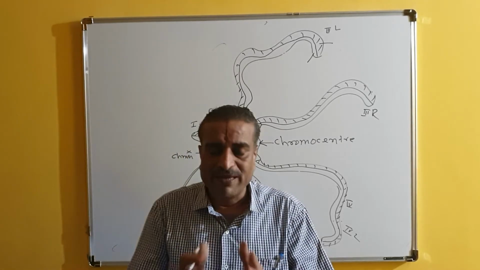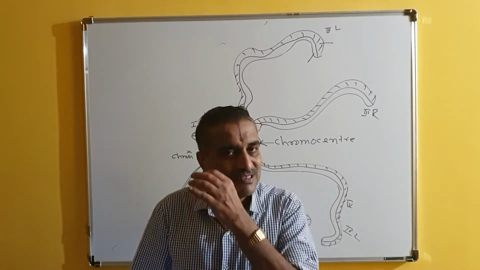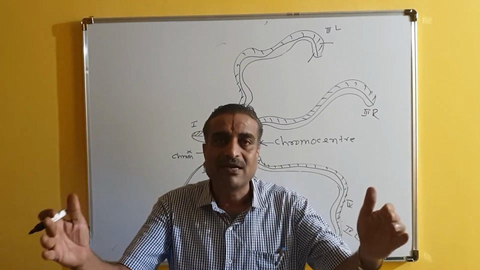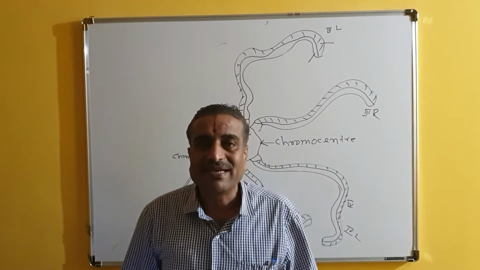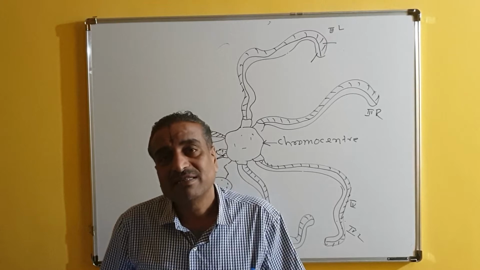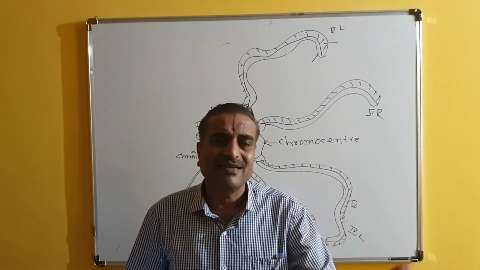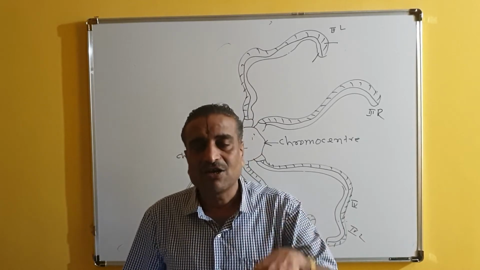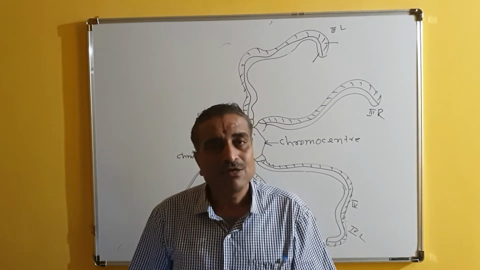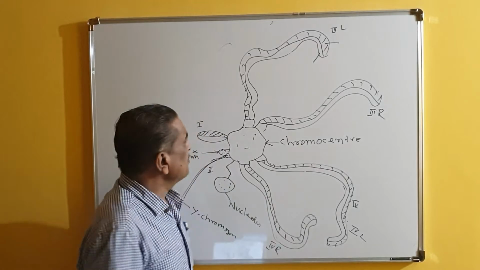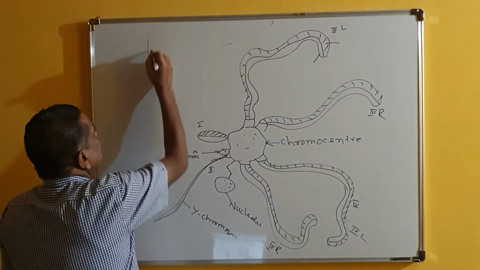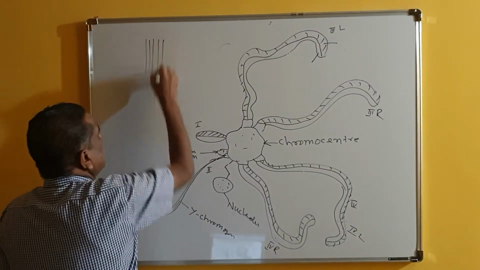And because of many number of thread-like structures present here, the size becomes big, the chromosomes become big sized, and because of that they are called as the giant chromosomes, and because they contain many chromonemata, they are called as the polytene chromosomes.